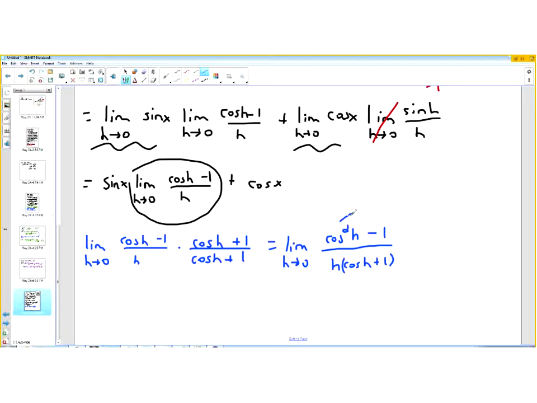But we know that cosine squared h is 1 minus sine squared h, by a trigonometric identity.